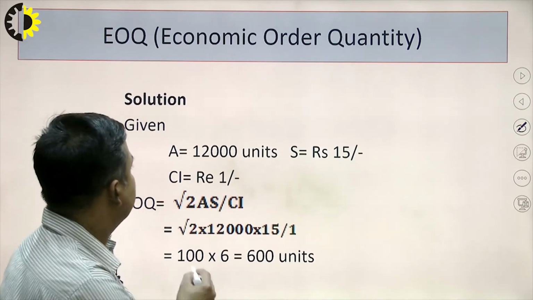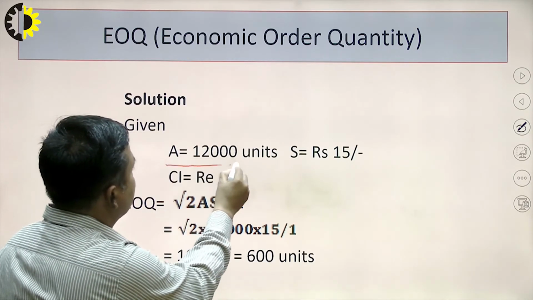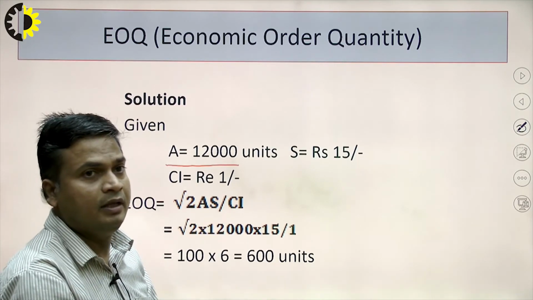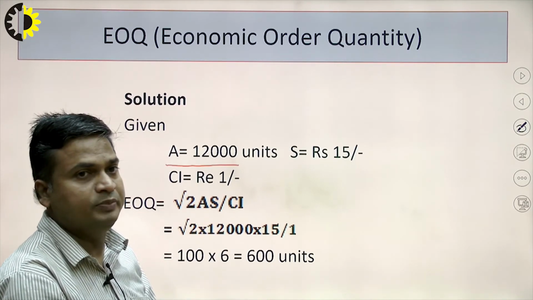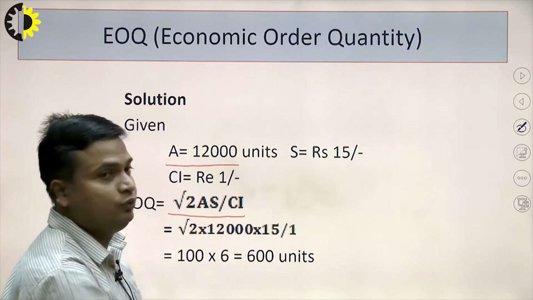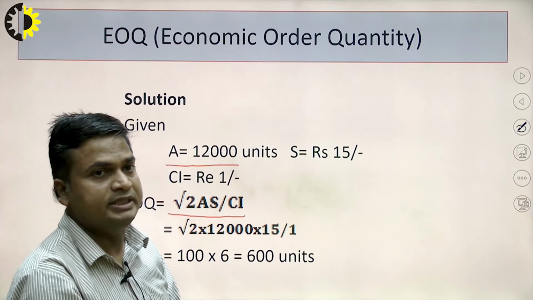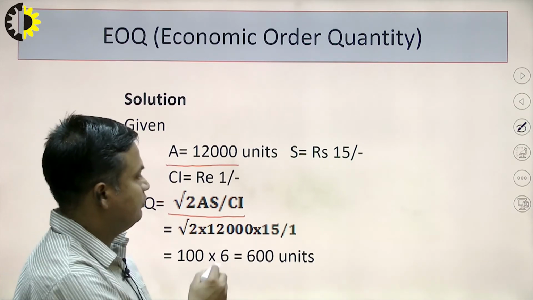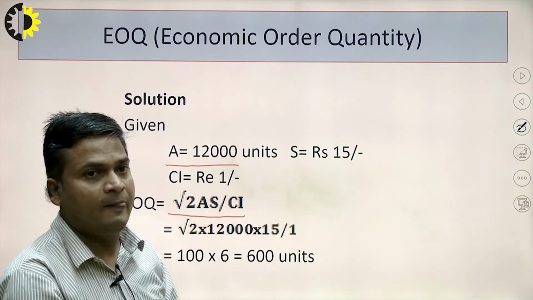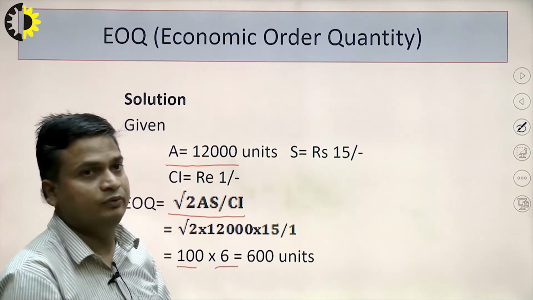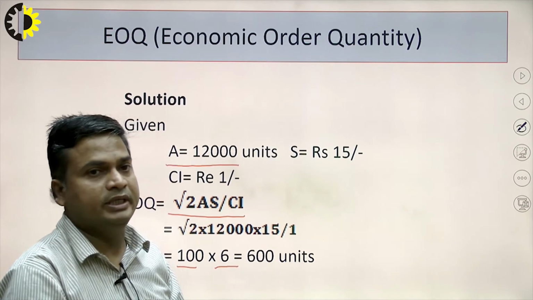Now, solution, again we have A equal to 12,000 units, S is rupees 15, Ci inventory carrying cost is rupees 1. So, by simply applying the formula EOQ equal to under root 2 into 12,000 into 15 divided by 1, and it is 100 into 6, which is equal to 600 units. So, economic order quantity is 600 units.